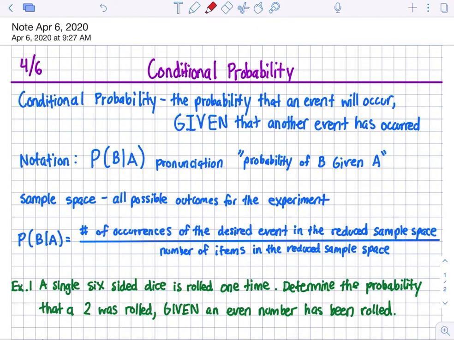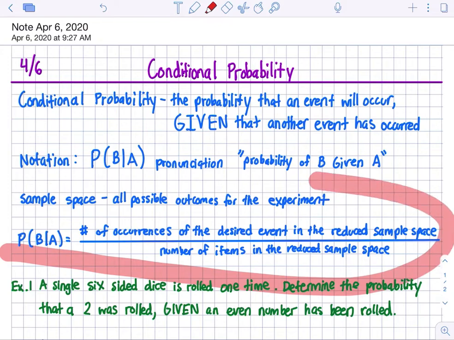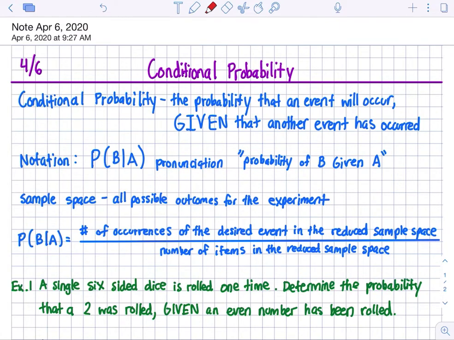So when you guys find this probability, because probability is a percentage, which is a fraction, this is what it looks like. Let me explain. Whenever you do conditional probability, for this given part, you're going to be using a reduced sample space.